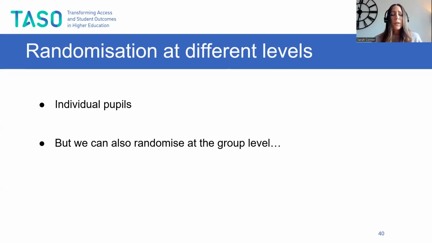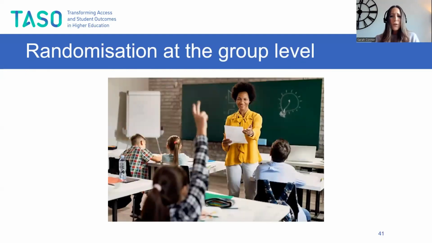But something that's really useful in the attainment raising space and working with schools is that you can also randomize at the group level. So for example, you can randomize at the classroom level or a particular teacher level. Here you'd still measure English test scores in those individual pupils that make up a classroom, but you're randomizing the whole class.